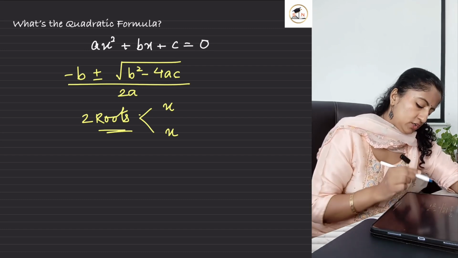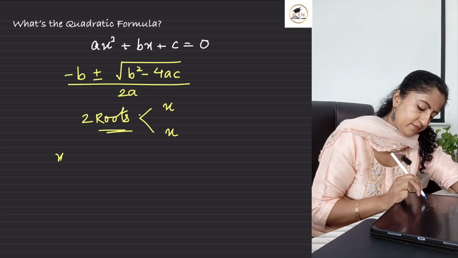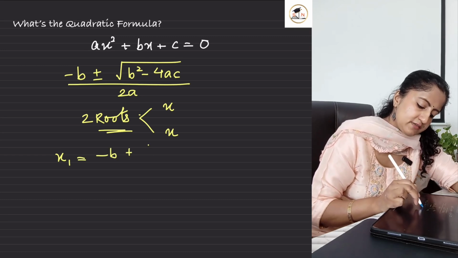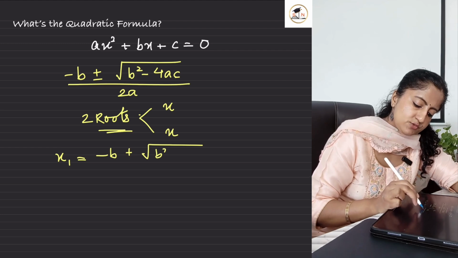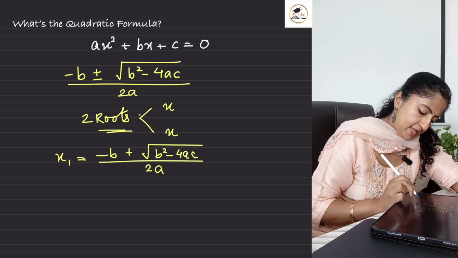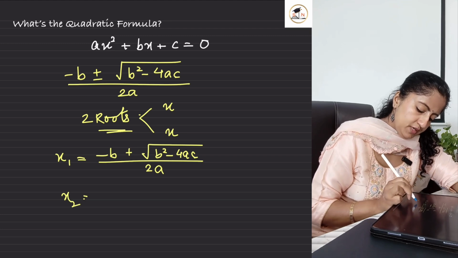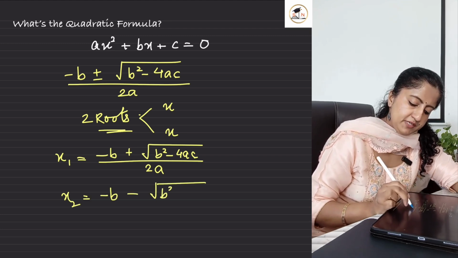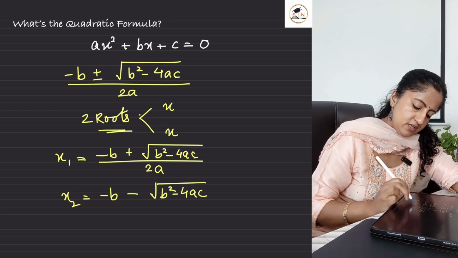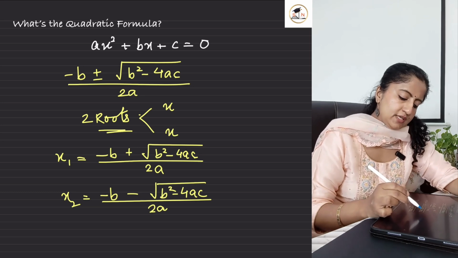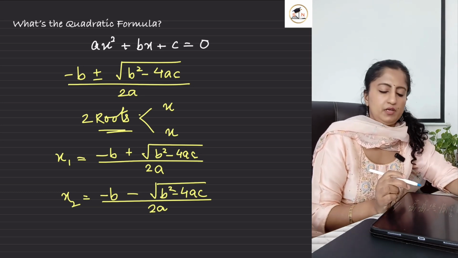Hence, the first value of x is minus b plus square root of b square minus 4ac divided by 2a, and the second value is minus b minus square root of b square minus 4ac, whole divided by 2a. So this is how we use the quadratic formula.